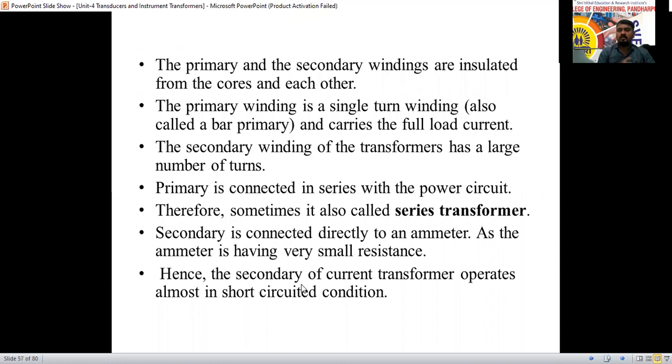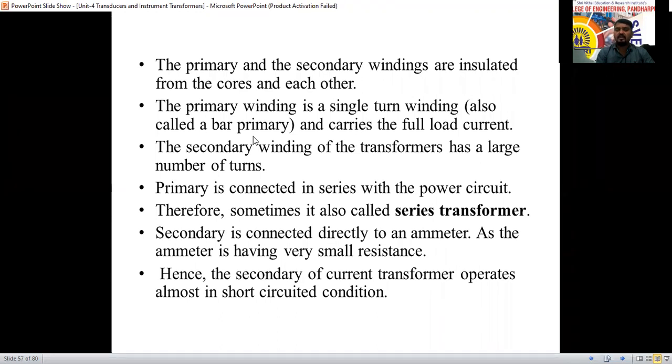Now the actual construction. The primary and secondary windings are insulated from earth and from each other. We have used insulated windings. It is connected in series with the line, and each turn is insulated. The primary winding is a single turn winding, also called a bar primary.